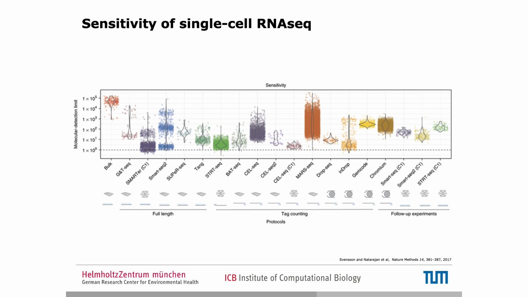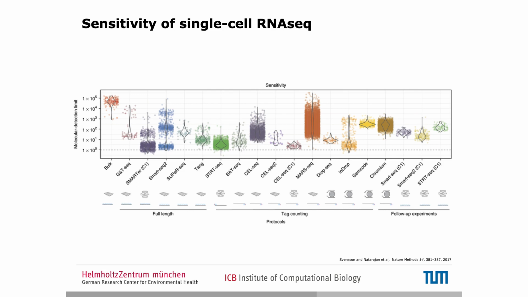All the other protocols are single-cell protocols, and you see there's a huge difference across these protocols, but they're all more sensitive than the bulk protocols. So some of these protocols even go down to detect one molecule. So molecular detection limit is one molecule, meaning every molecule that's present is captured. But that's a rare case.